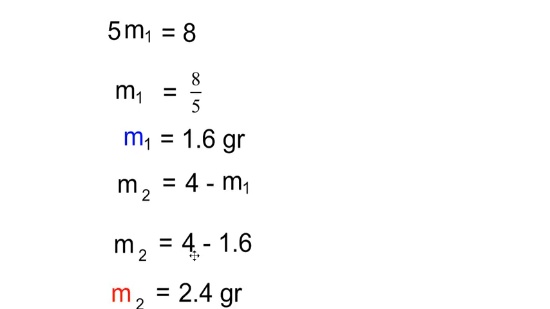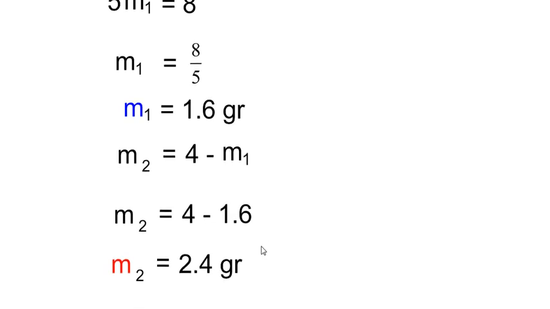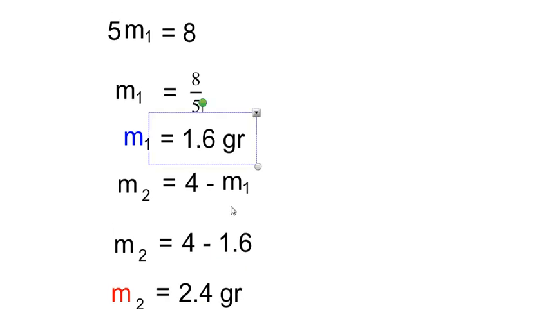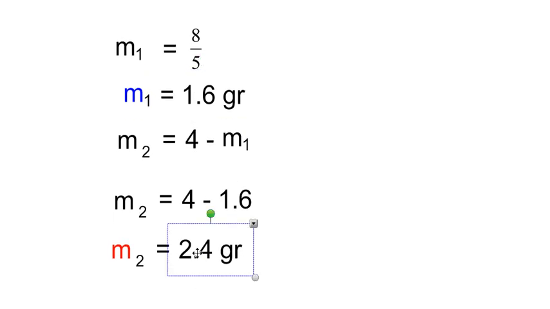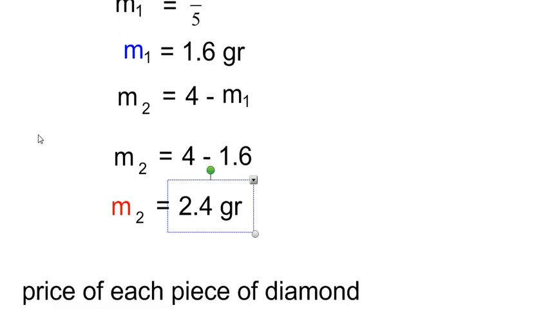So it is 4 minus 1.6, which is 2.4 grams. We have two masses, M1 and M2. Each piece of the diamond has a cost. So now let's see the price of each piece of diamond.